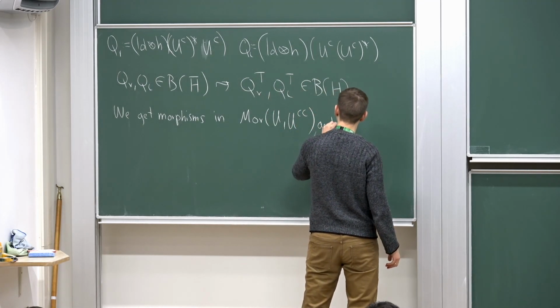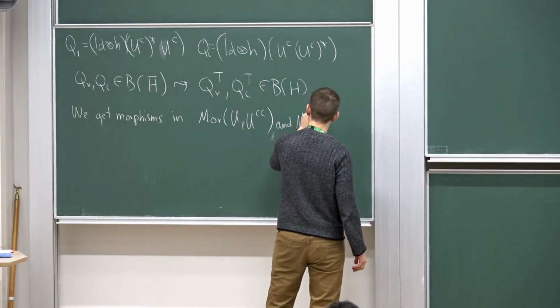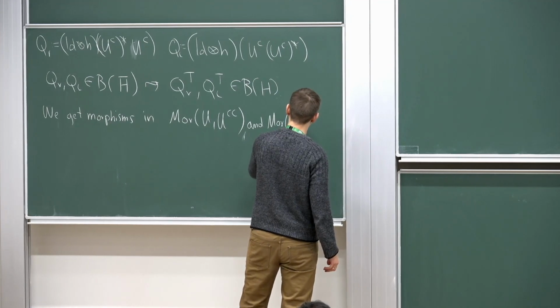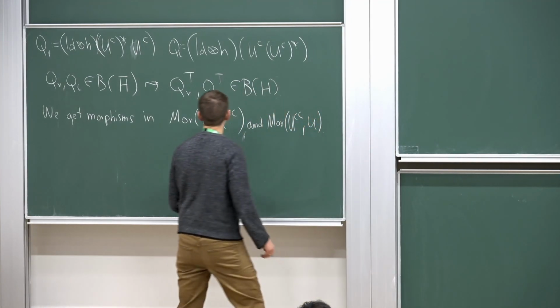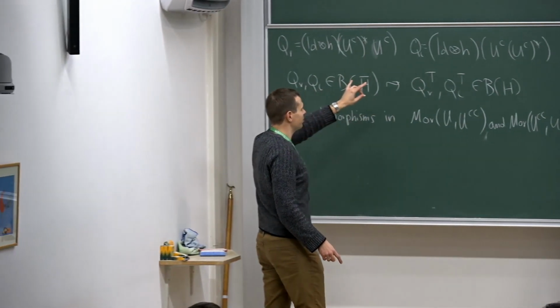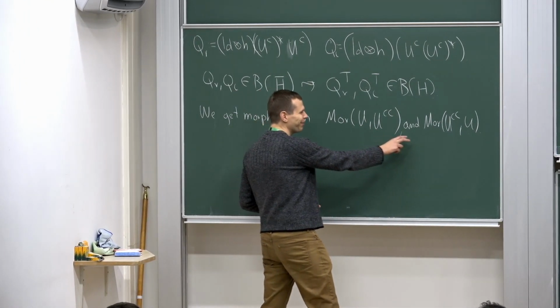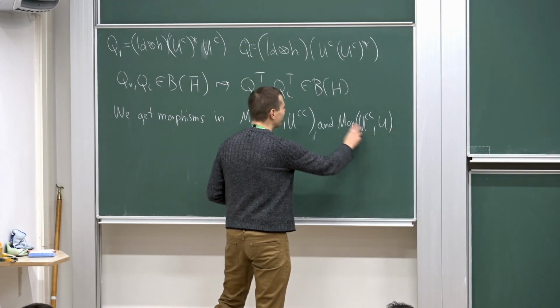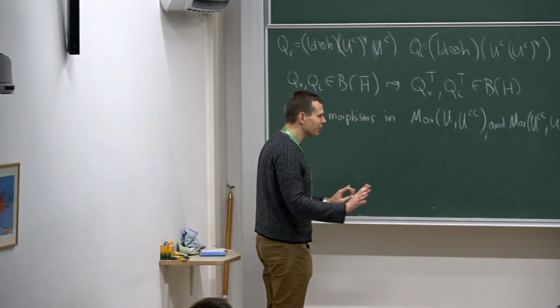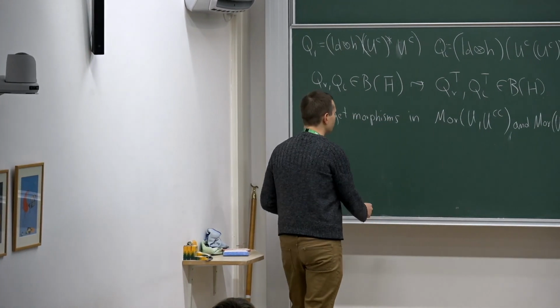And the other one gives a morphism, so since I don't remember which one is QR, which one is QL, I will still not write which one gives a morphism from U to UCC and which one gives a morphism from UCC to U, but we get these morphisms.